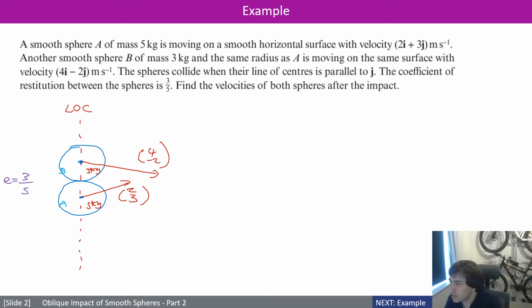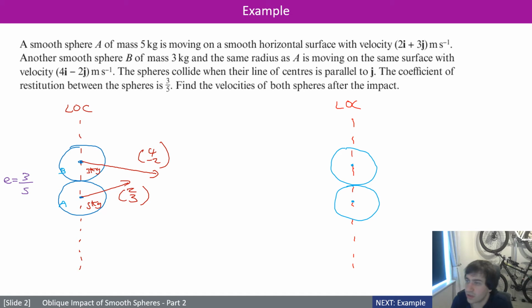In this case, probably easiest to just draw the after scenario and then immediately add what we know. So we've got our two balls there. And what do we know? Well, we know that the velocities going in that direction, the common tangent, are not going to change.